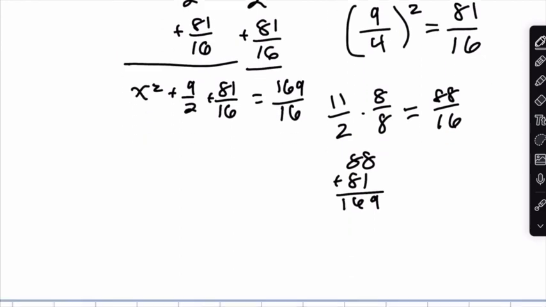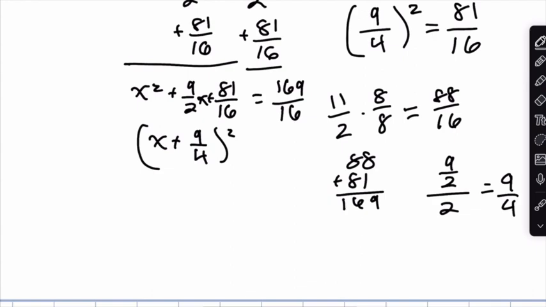Now what we're going to do is, oh, I forgot to write that x in there. All right, so we're going to take, again, that 9 halves over 2, which we solved before as 9/4, and we are going to rewrite this left side of the equation. So we have all of this, and this is still equal to 169 over 16.